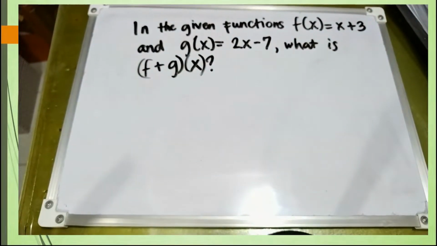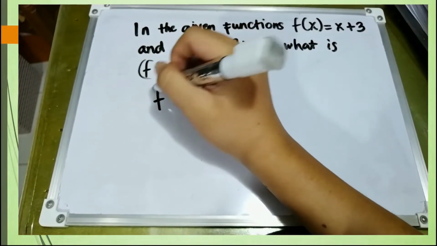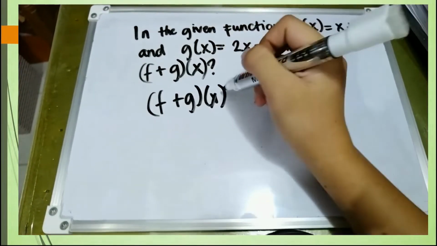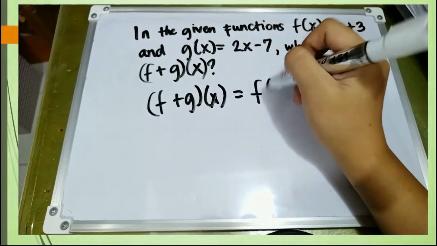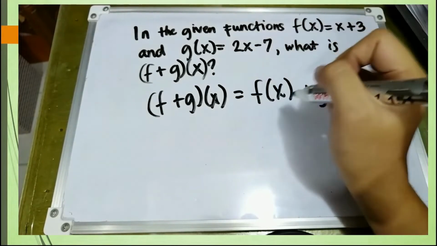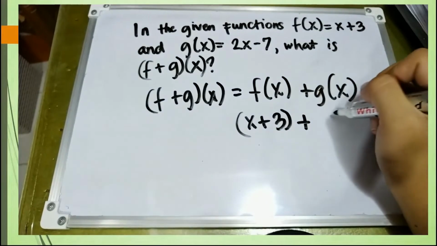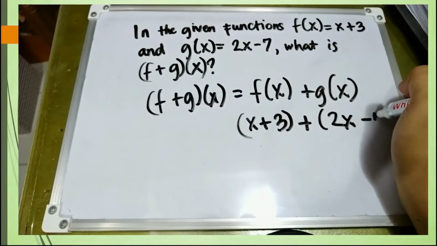In the given functions, f of x is equal to x plus 3 and g of x is equal to 2x minus 7. What is f plus g of x? So f plus g of x, that would be f of x plus g of x. So f of x is x plus 3 plus the g of x is 2x minus 7.